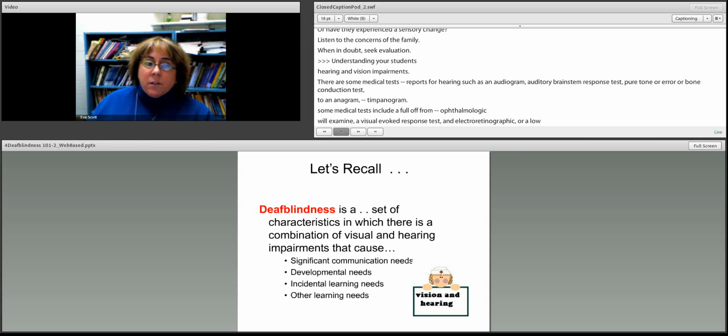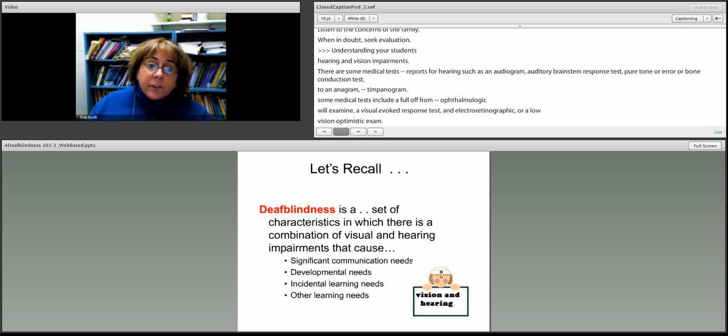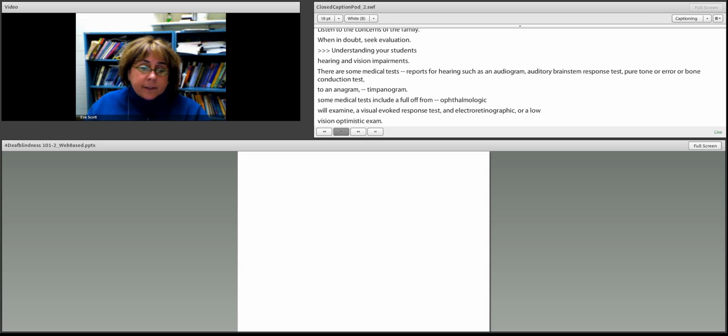Let's recall for a moment that deaf-blindness is a set of characteristics in which there is a combination of visual and hearing impairment that cause significant communication needs and needs of support, developmental needs, incidental learning needs, and other learning needs.